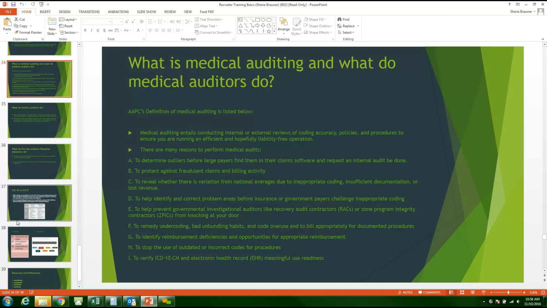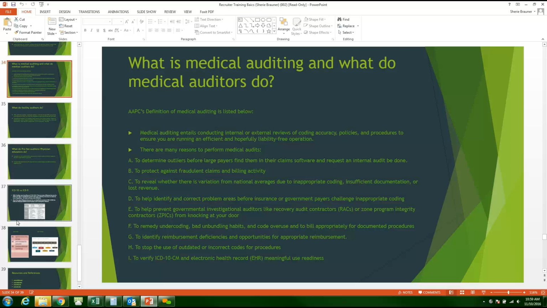There are many reasons to perform a medical audit, and I'll let you read through that, but basically auditors are supposed to be the more experienced coding auditors that have many years of experience, and basically they're educators. They review the coders' final coding scenarios and submissions, and they make recommendations.